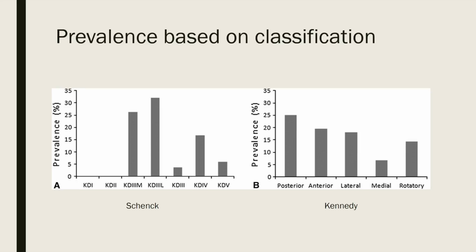And it also depends on what sort of a dislocation you have, whether you get a vascular injury or not. So the KDIIIL, the bicruciate and lateral ligament ruptures, has a 33% prevalence of a vascular injury. And the papers that classified according to the Kennedy classification had 25% in the posterior dislocation. So it depends on which one it is.